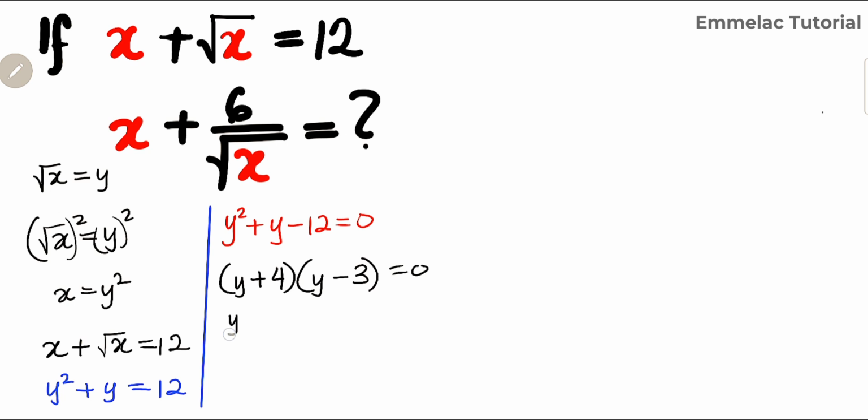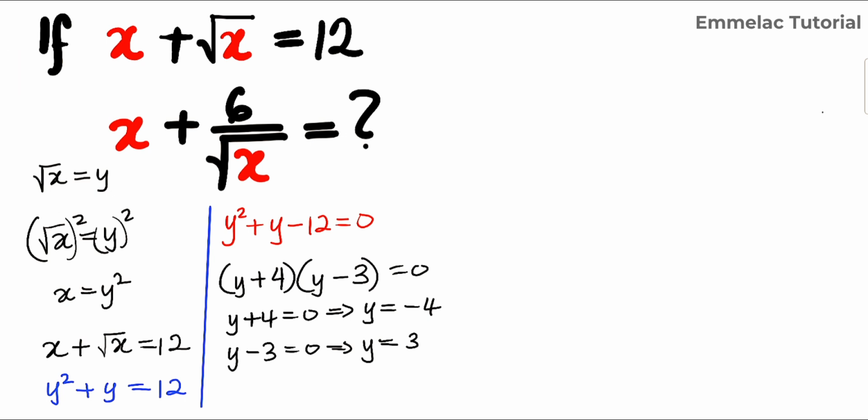Here, y plus 4 equals 0, which implies that y equals negative 4, when we subtract 4 from both sides. The second case is y minus 3 equals 0, which, when we add 3 to both sides, gives y equals 3. So these are the two values of y.